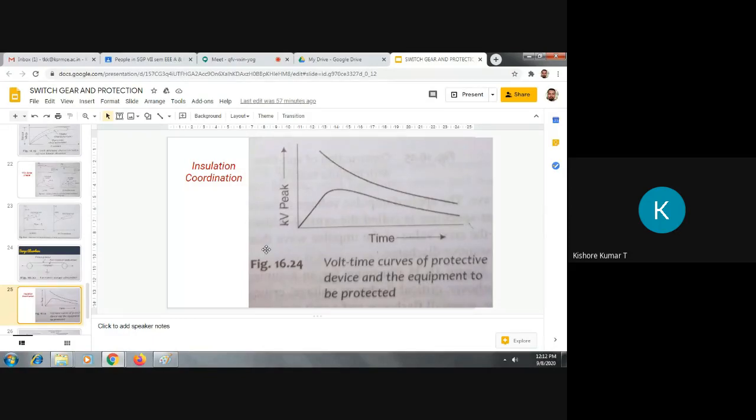Understood? Whichever equipment we want to protect, there must be coordination between them, and this is what insulation coordination explains. So strictly and exactly speaking, I am repeating it again, the insulation level of the equipment which is to be protected must be high when compared with the insulation level of a protective device used to protect the equipment.